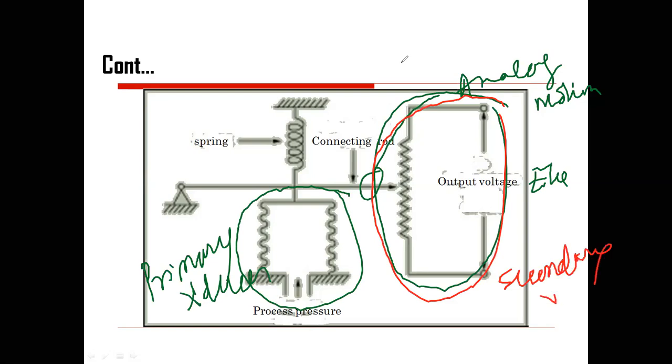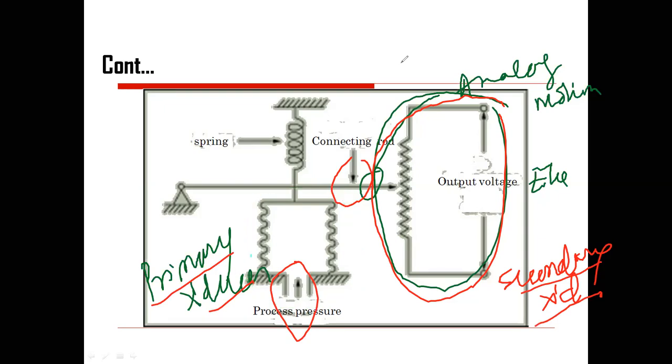Okay, so for better resolution or accuracy, we try to convert this analog output into an electrical one. That's why two transducers are used for the measurement of pressure, in which one is acting as a primary transducer and another as a secondary transducer to get a better resultant output.